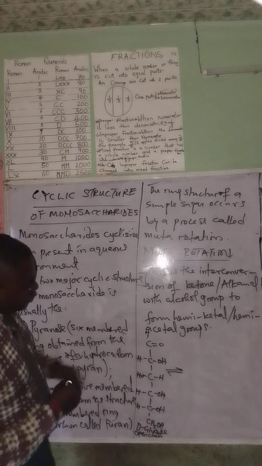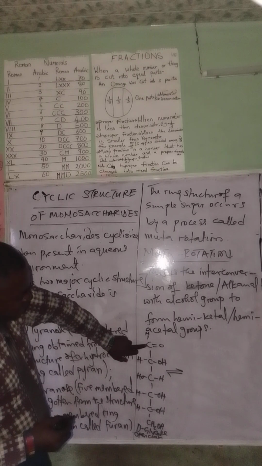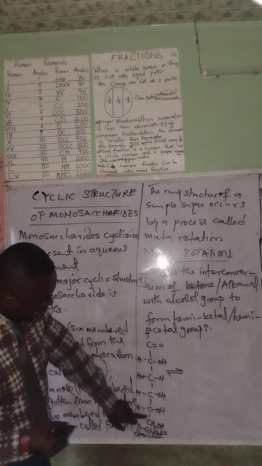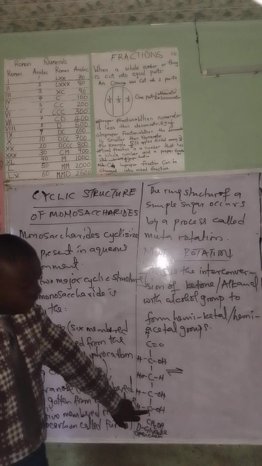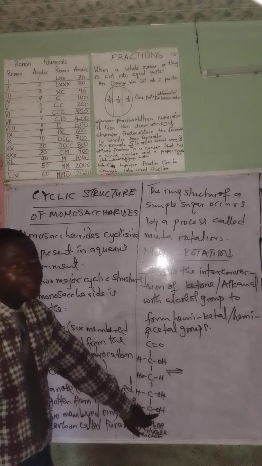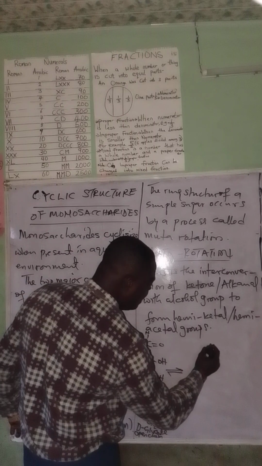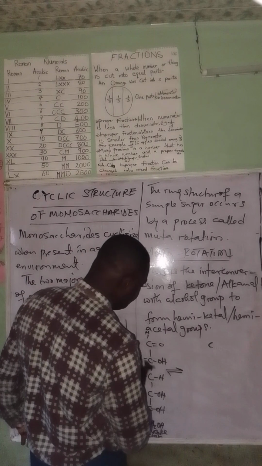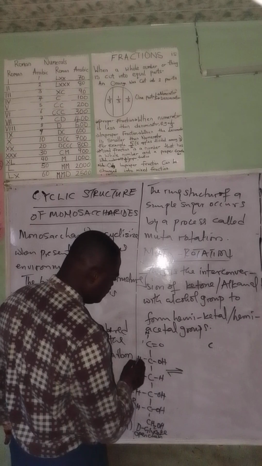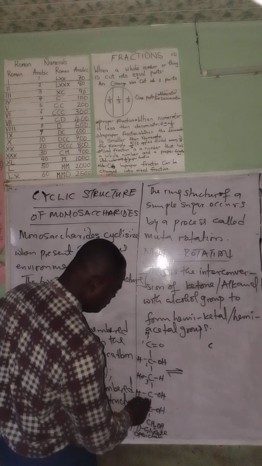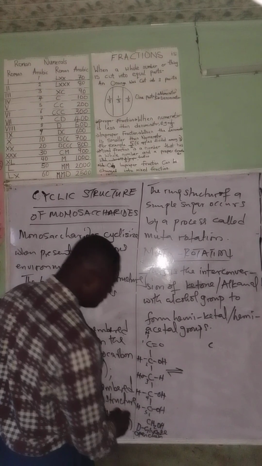Now, there is going to be interaction between this carbon number 1, which is the aldehyde group, and the penultimate carbon, the second to the last carbon, OH group here. Let's assume this carbon represents number 1, then 2, 3, 4, 5.